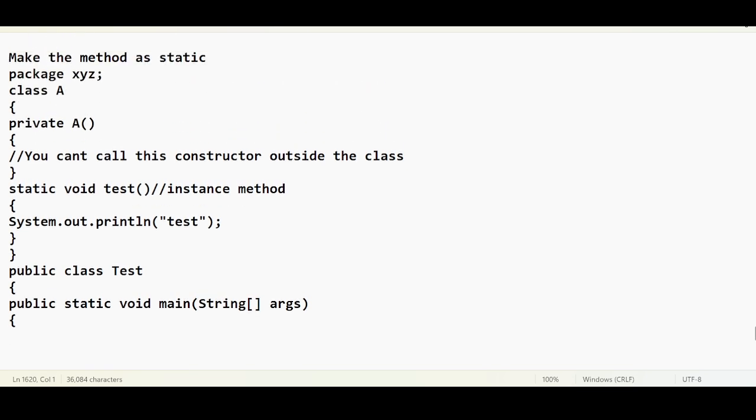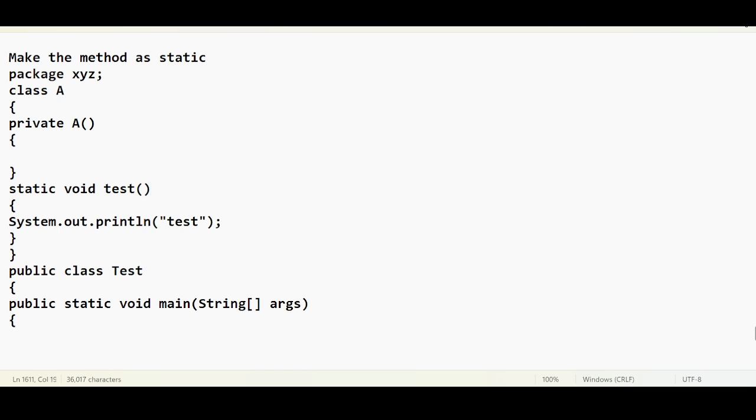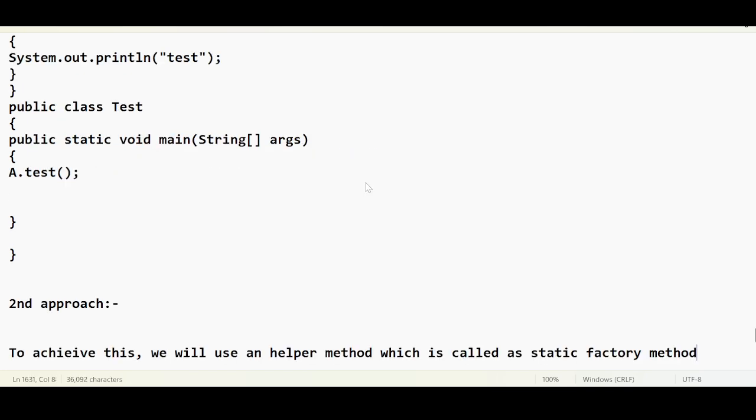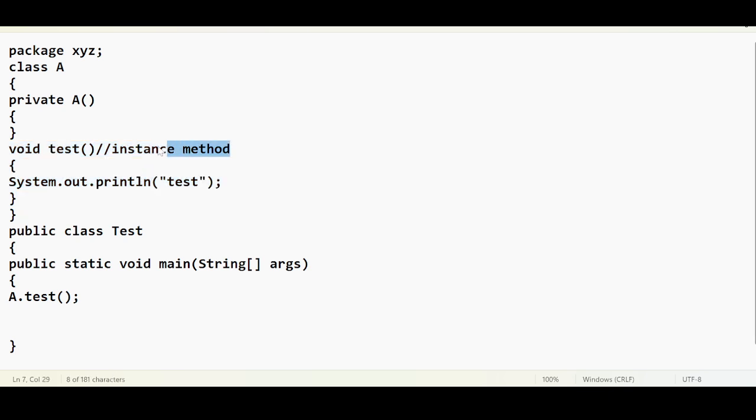Let me remove all this for better clarity. Focus here, it is going to be very interesting. This is the instance method. See, I cannot do this: A obj equal to new A. I cannot do this because of private.